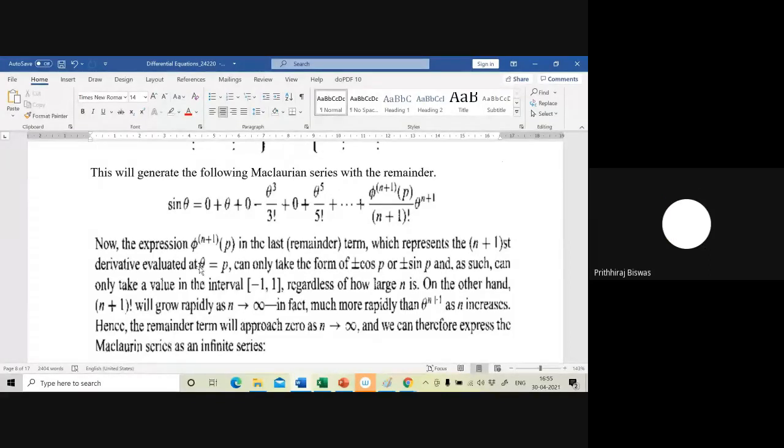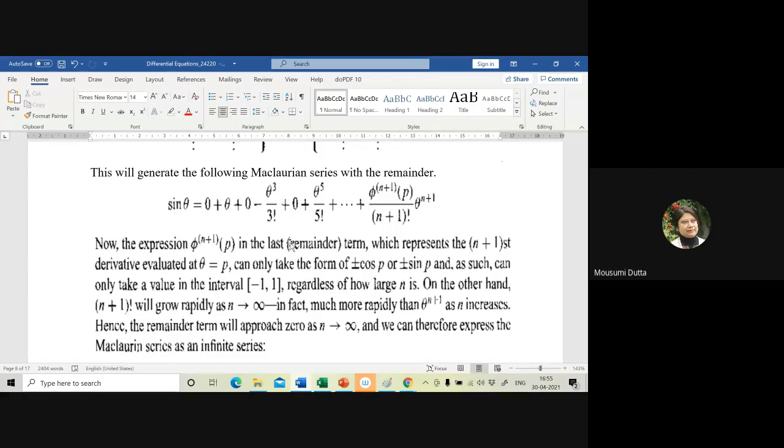Okay. Then I am talking about the other two terms, theta to the power n plus 1 and n plus 1 factorial. I am telling that as n tends to infinity, n plus 1 factorial will grow very, very rapidly. It will move towards infinity very fast because it is factorial. Theta to the power n plus 1, that means something to the power infinity, that will also grow.